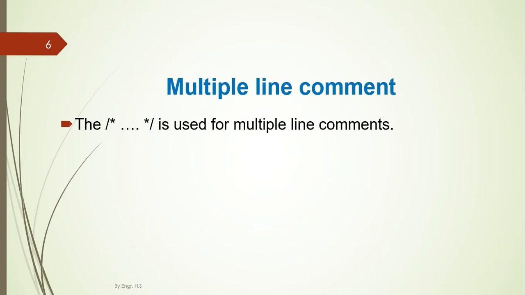To add multiple line comments in your code, you need a syntax that is /* at the start of the comment. Similarly, when you end your comment, you need to insert */ at the end of your comment.